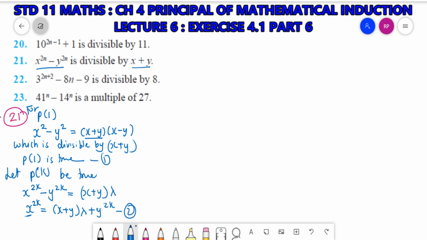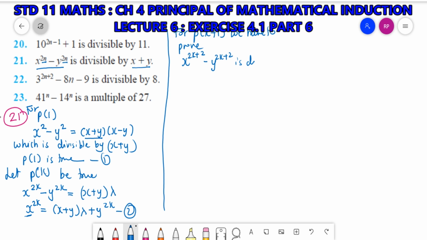Now this x raised to 2k I will use in the next part, that is for p of k plus 1. Now for p of k plus 1, we have to prove x raised to 2 into (k plus 1), that is 2k plus 2, minus y raised to 2 into (k plus 1), again 2k plus 2, is divisible by x plus y.